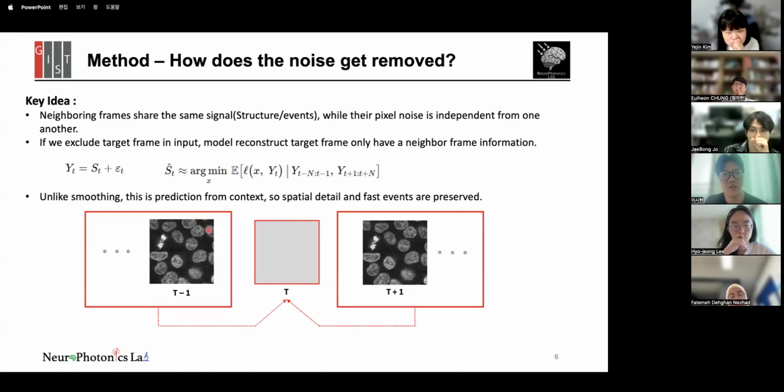So here the target frame T is removed from the input, and only the neighbor frames are provided to the model, and the model is trained to infer T from the spatio-temporal patterns. And after training, the model reconstructs the target frame T from its neighbors.